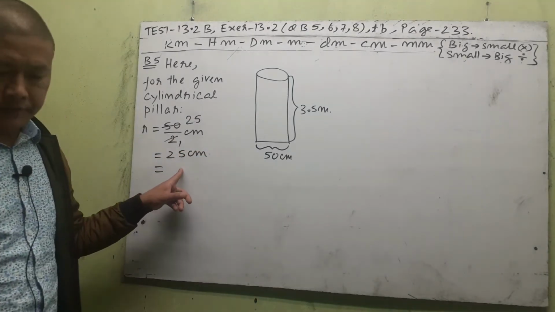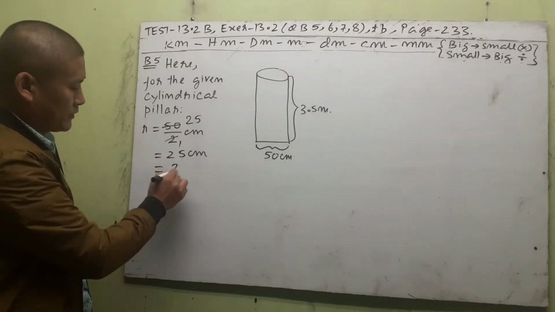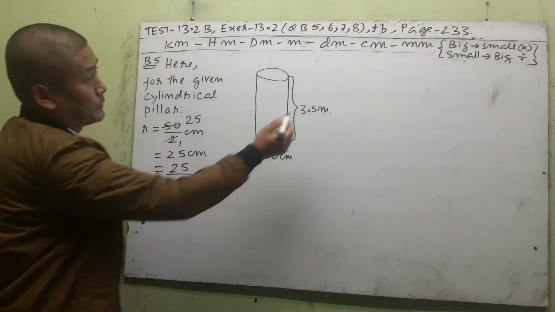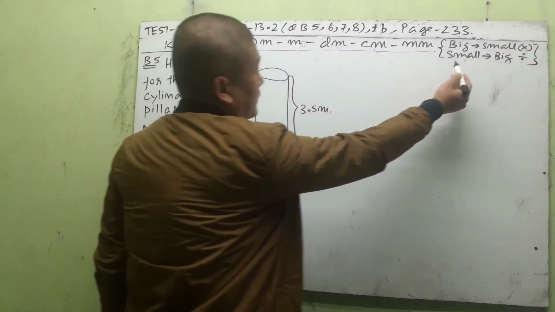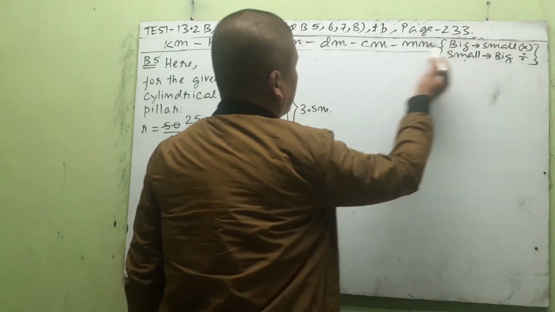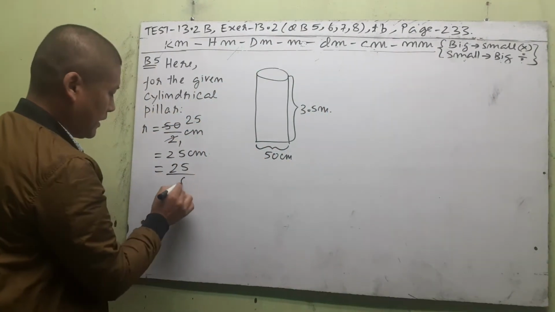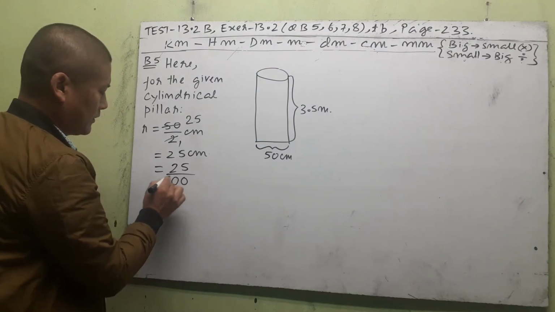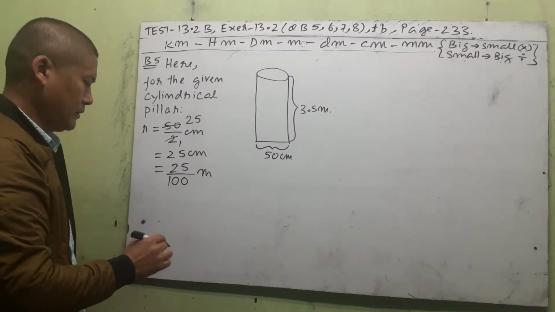But since the rate is given in meter square, let us convert right here this centimeter to meter. For that, we have to divide, because we're changing centimeter to meter, means smaller unit to bigger unit. So divide 2 places. So 1 place is 10, 2 places another 10, so 100, and then meter will come in.